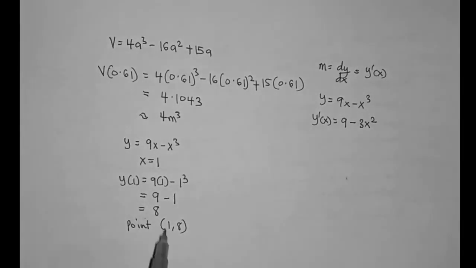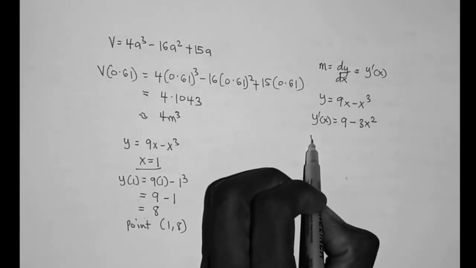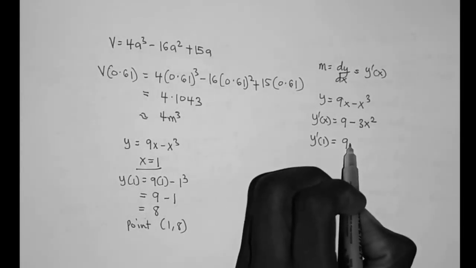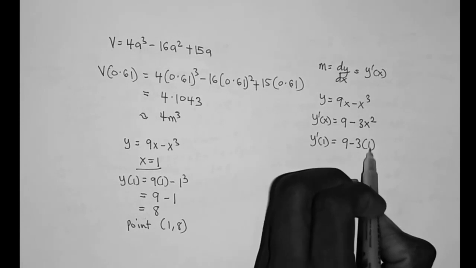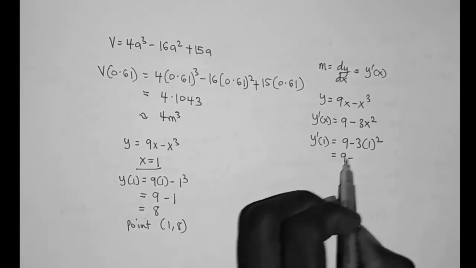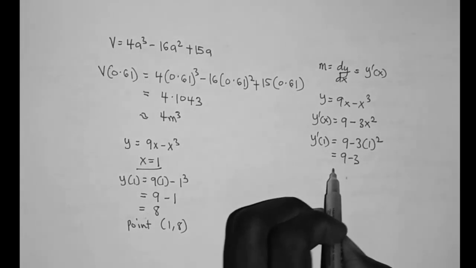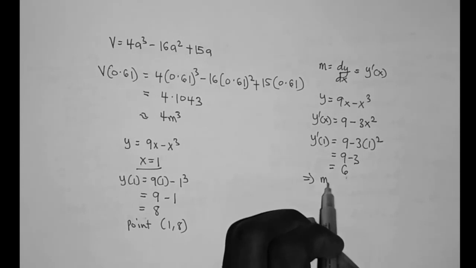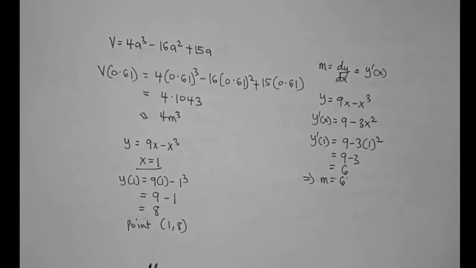So the point is x equals 1. Let's then find y prime of 1. This is equal to 9 minus 3 times 1 squared. 1 squared is 1, times 3 is 3. 9 minus 3 is 6. So this implies that the gradient m is equal to 6.